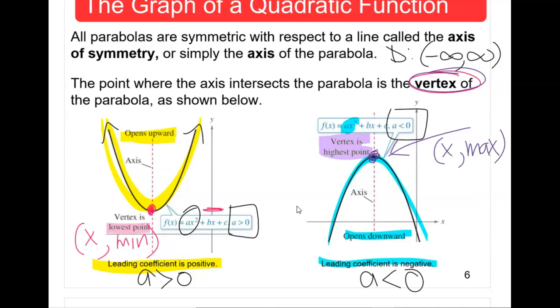So that's very important to remember because a lot of the applications have to do with the vertex. And so right now, identifying if the parabola will open up or down is very important, and remember that comes from the leading coefficient, whether it is positive or negative. I tell my students they can remember like this: positive people are usually smiling, negative people are usually frowning.